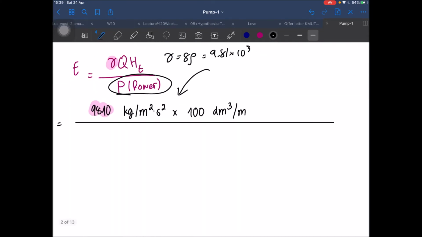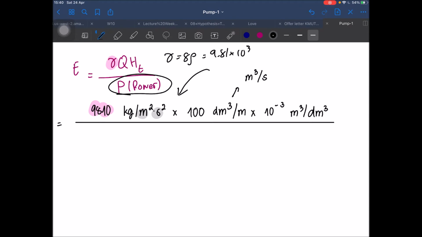And then we multiply by, we have to convert this one to M, because you can see that this one is M and this one is second. So how do we convert this one? It's just 10 per decimeter square, like this.